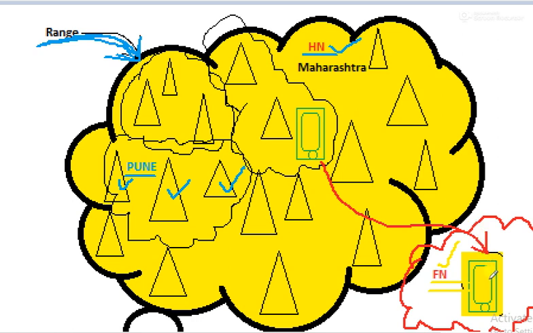A very simple example: let's say in the Pune region you are using your BSNL SIM card to access the network, and after some time you cross the Maharashtra border and enter into another state.